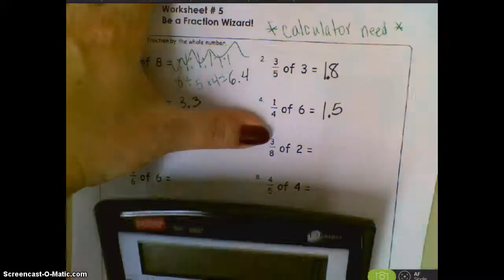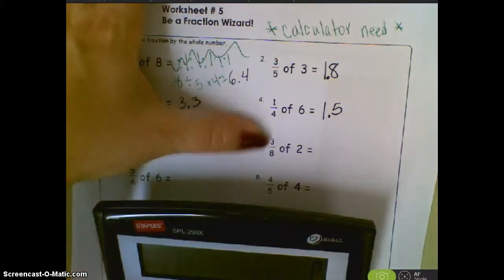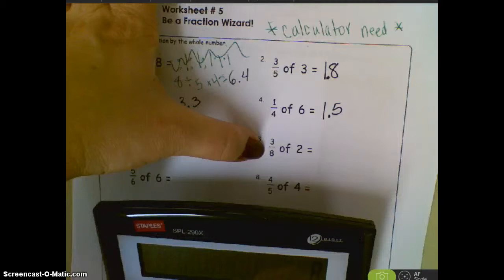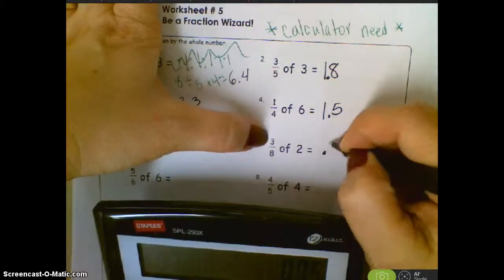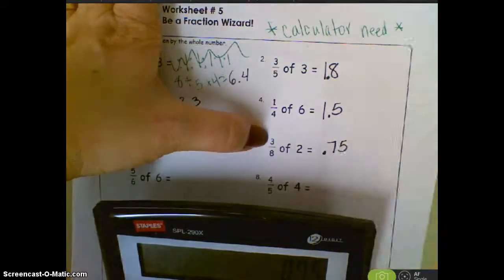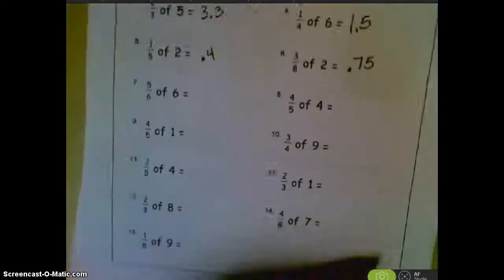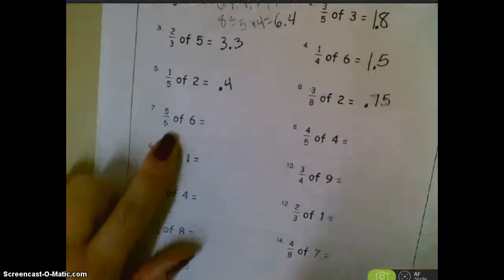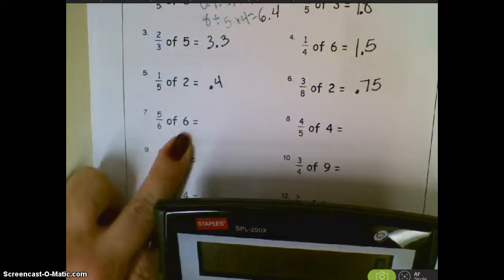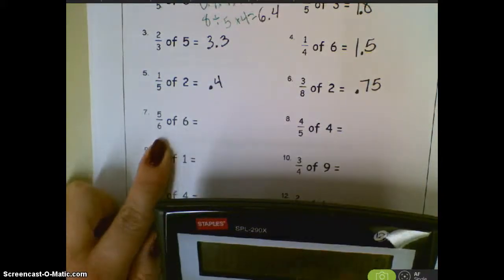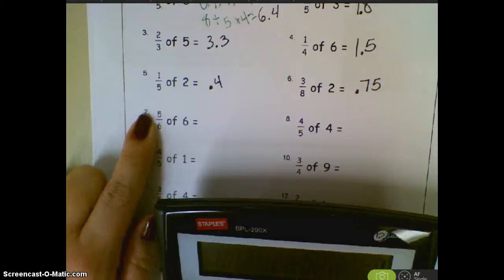Our next one, we've got 2, and we're going to divide it by our denominator, 8, and we get 0.25, and then we'll multiply it by our numerator, and we get 0.75 for an answer in our homework. 5/6 of 6: our whole number 6 divided by 6 is going to equal 1, and then times 5 will equal 5.